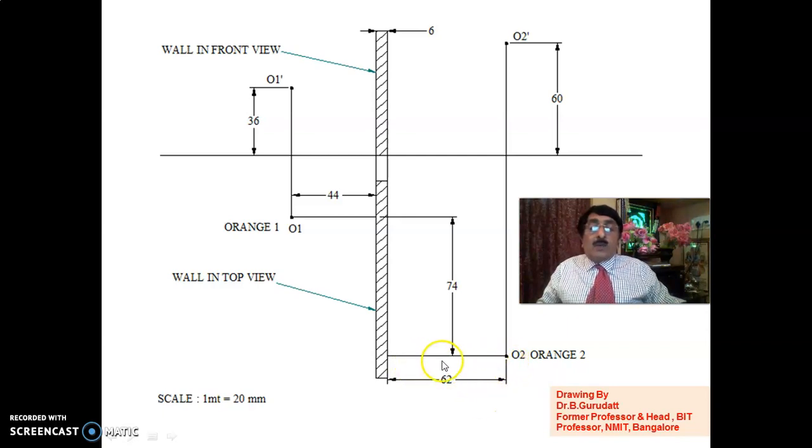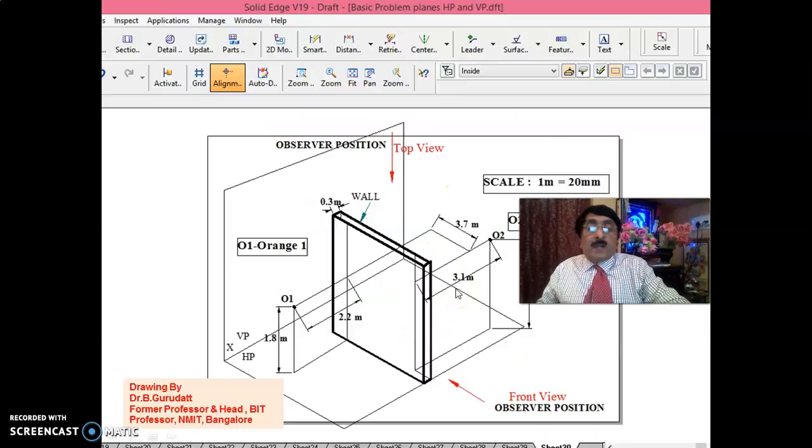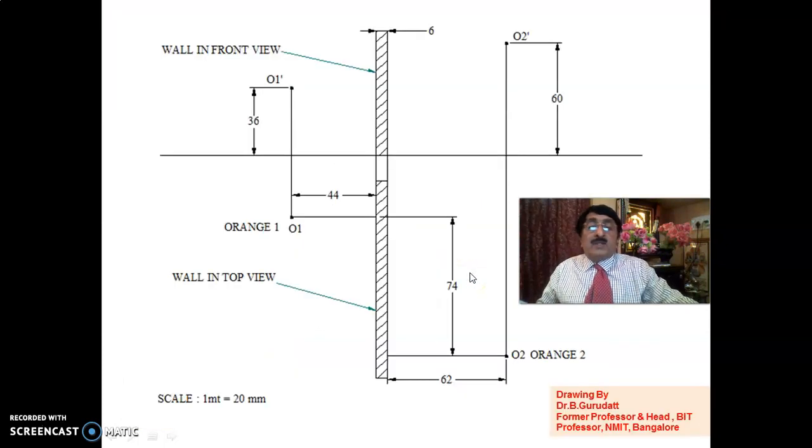And also, while drawing this, you see that this distance between O1 and O2, measured parallel to the wall, is 74 mm, because they have given 3.7 meters. That is, the distance between O1 and O2 measured parallel to the wall is 3.7 meters, means it is 74 mm.